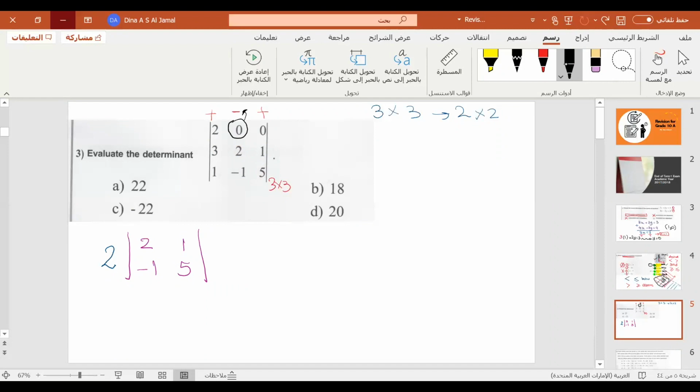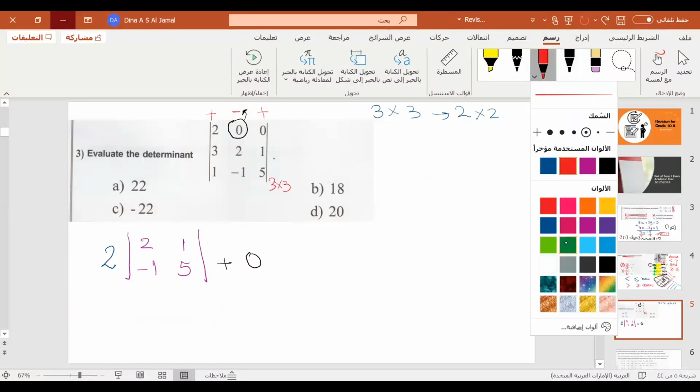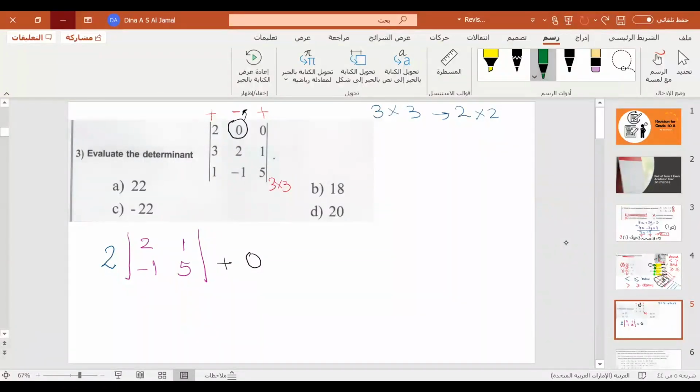So it will be plus 0, and again you will be taking straight lines, sorry, no diagonals. So you will be cancelling all this.